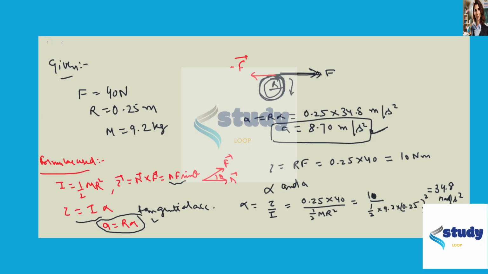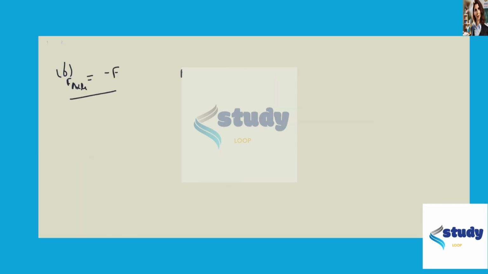Now the force is this way and we have the mg force this way. So the second force on the wheel is mg due to gravity, which is downward.